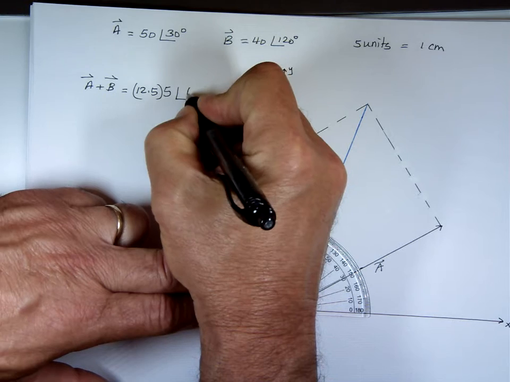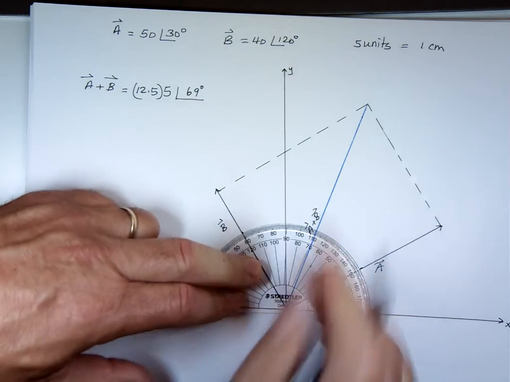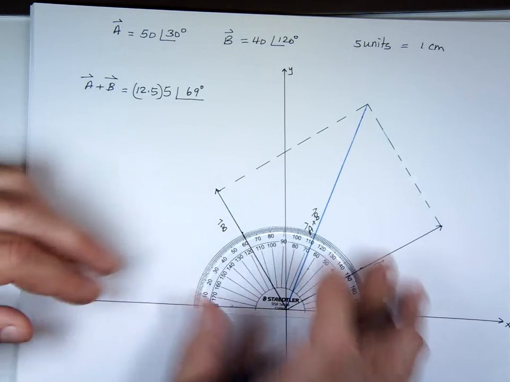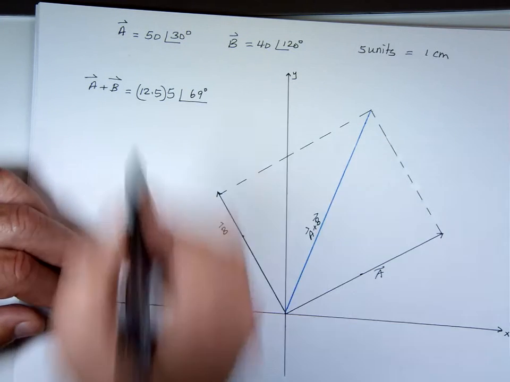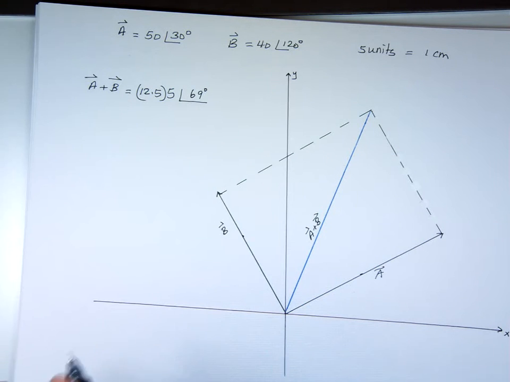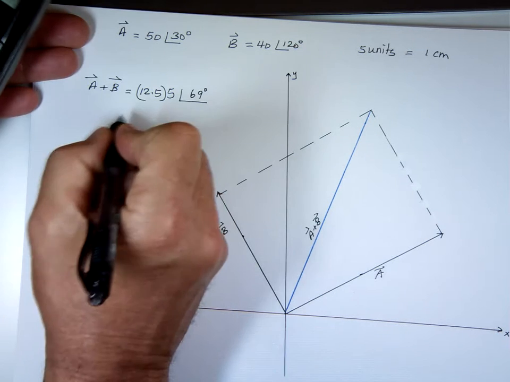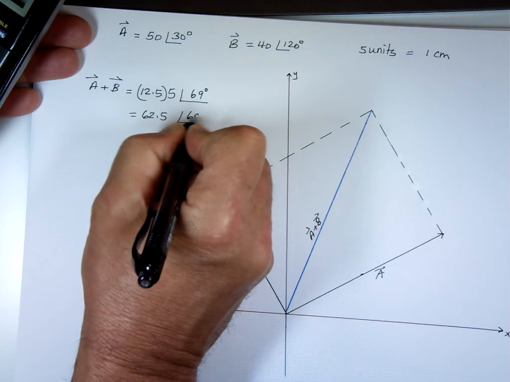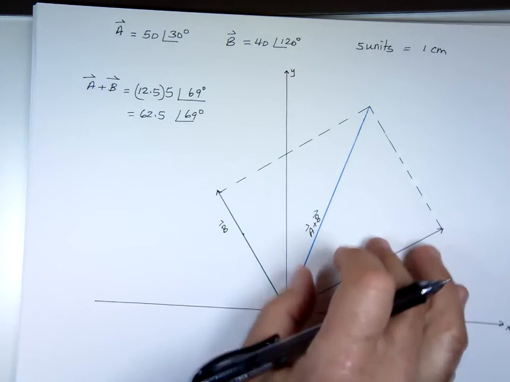Again, I could be off by 1 or 2 degrees when I use this method, because I'm moving it up and down, trying to eyeball it, making sure they're parallel. I really got 12.4 here instead of 12.5. It should be the same answer if I'm careful enough. So it's 62 and a half, angle 69 degrees.